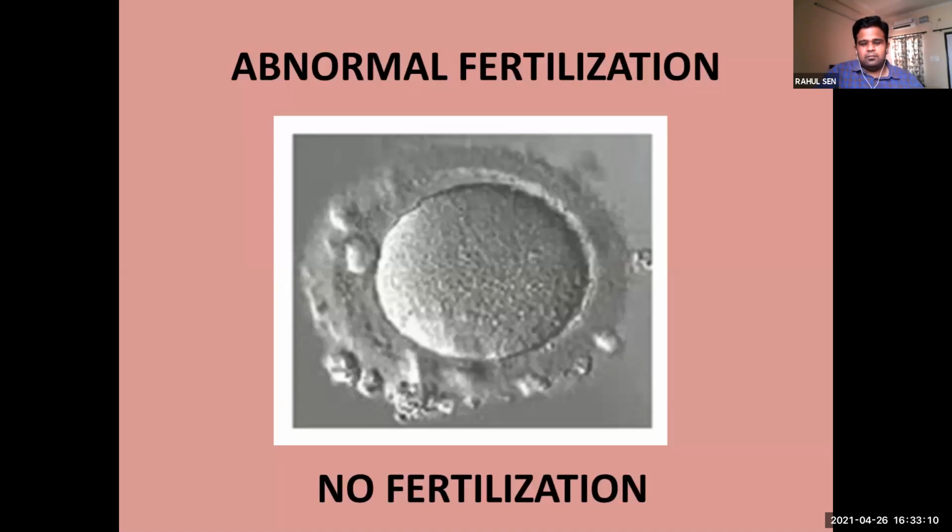It means the sperm has not approached the egg conventionally, or our ICSI technique from a day before has not produced a zygote. So this is a nightmare kind of situation for each and every one of us.